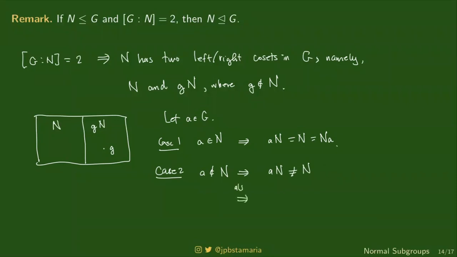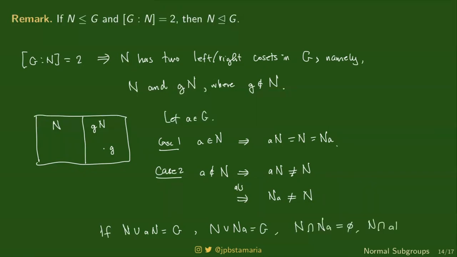Also, ang NA hindi parehas sa N, di ba? If N union AN is G, N union NA is G, tapos disjoint sila, ano sinasabi niyan? Kumbaga ito yung group mo, ito yung N, yung other part AN.